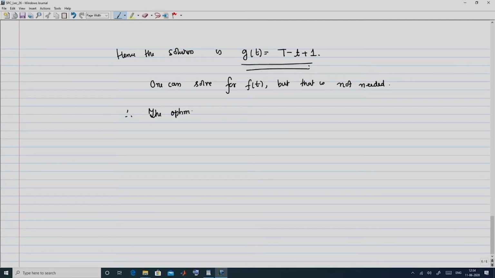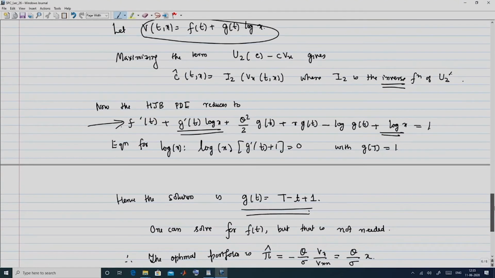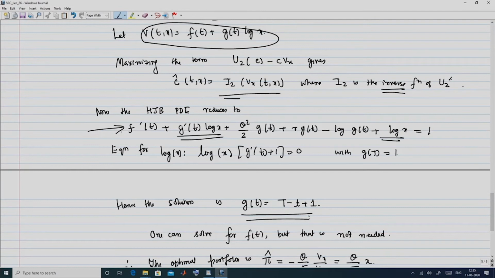Therefore, the optimal portfolio is pi hat equal to minus theta over sigma times V_x over V_xx, and this is theta over sigma into x, and the optimal consumption is c hat of (t, x), and remember that c hat is going to be given by the inverse of u2 prime.